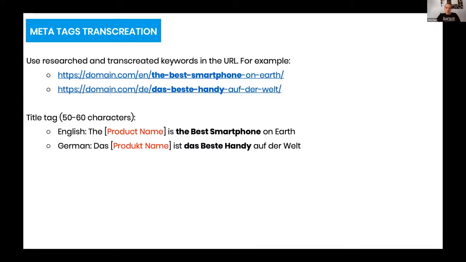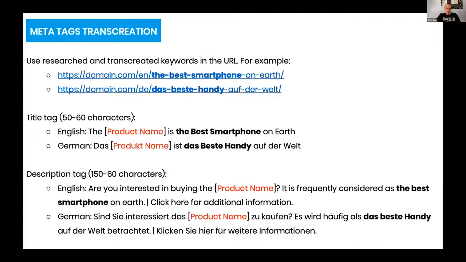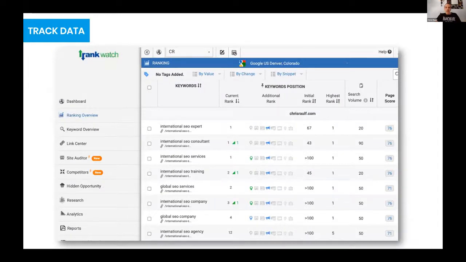Use your main keyword in the title tag, and then the same thing with the description tag. It's going to expand, so this is creative writing. You need somebody who's really good at that, who understands how to create those search engine optimized description tags and title tags.